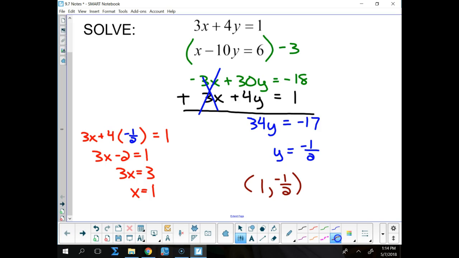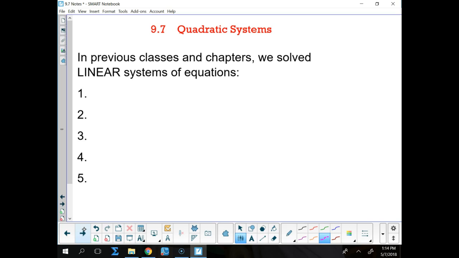Now, we were saying that that's elimination, right? So we can solve systems of equations using elimination. We just did it.